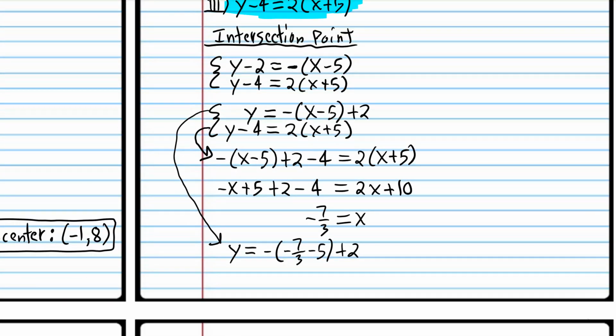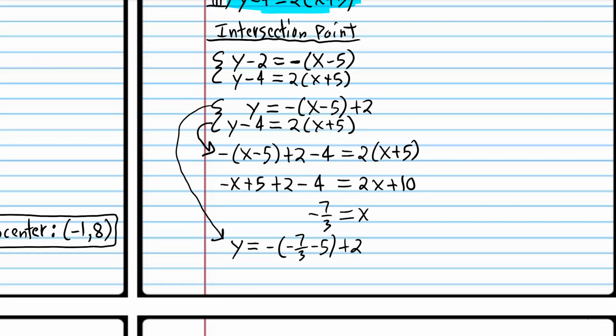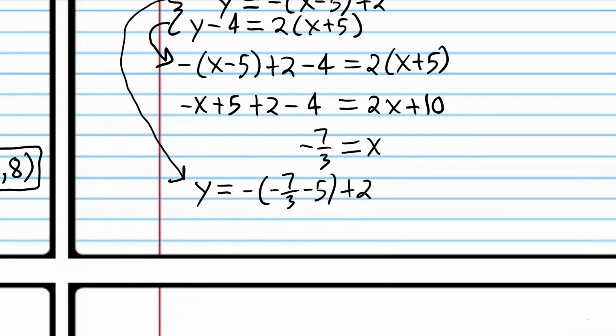So we rewrote that equation and plugged in what we know x equals. And now we just have to do the math. So negative 7/3 minus 5 would be negative 22/3. And this negative out here makes it a double negative, so it becomes positive 22/3. And then we have 22/3 plus 2.